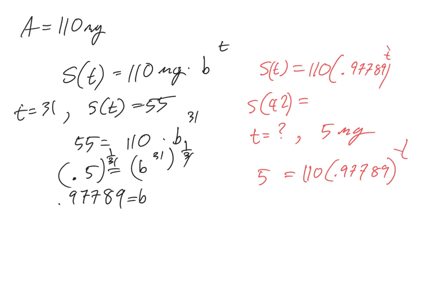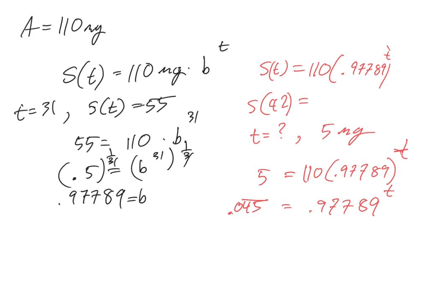Solve for T, divide by 110. 5 divided by 110 is 0.045, and the 45 repeats, but not the 0, equals 0.97789 to the T. When I have variables and exponents, now is when I do logarithms.